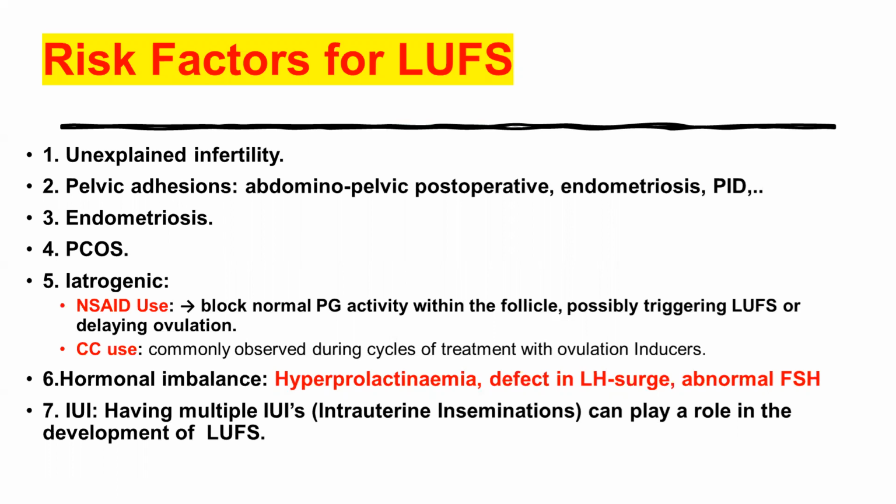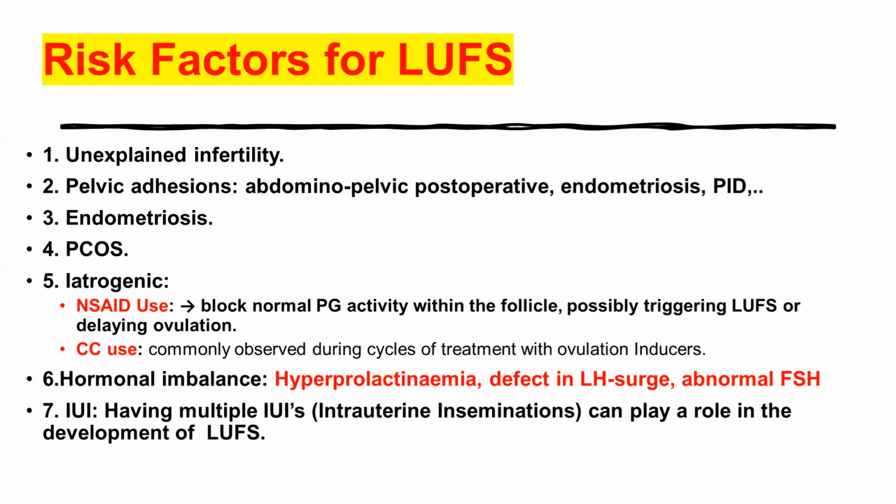Those patients with infertility, particularly unexplained infertility, polycystic ovarian disease, endometriosis, patients with history of laparotomy and pelvic adhesions, patients receiving some treatment like non-steroidal anti-inflammatory drugs or clomiphene citrate, patients with hormonal imbalance, like hyperprolactinemia, abnormal FSH, or defective LH surge, or patients subjected to intrauterine insemination.